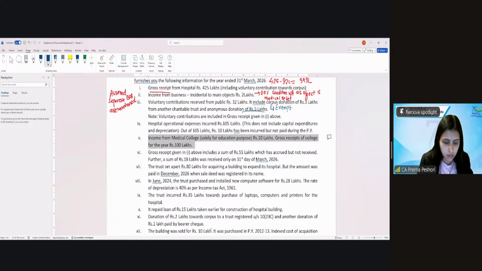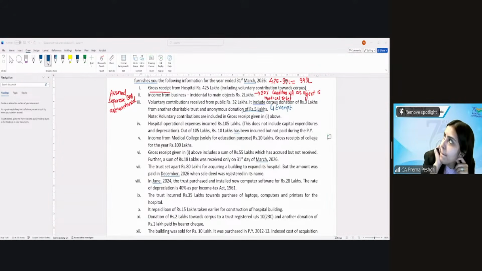We will add gross receipts of 100 lakhs to the total gross receipts. Yes. But isn't there some condition? Yes.